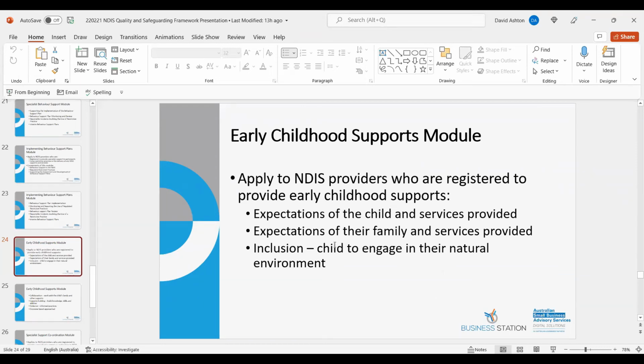So if the family wants to engage a particular worker, you need to assist them to do that. Collaboration with the families we talked about. You need to obtain the consent of the family for any activities, and you need to provide them with information, knowledge and skills to help the family make informed decisions.